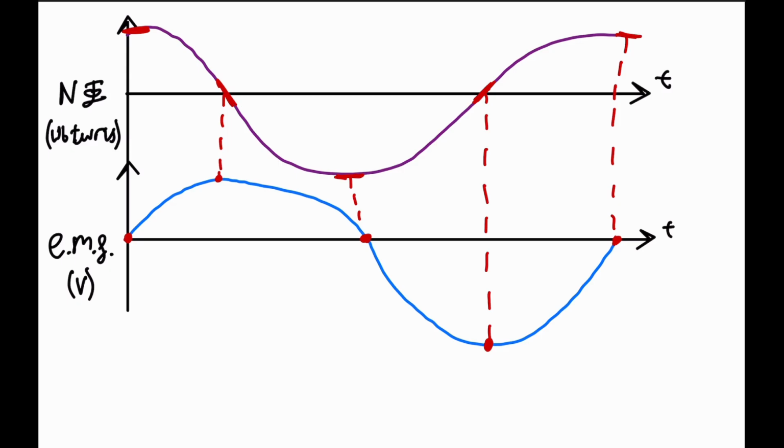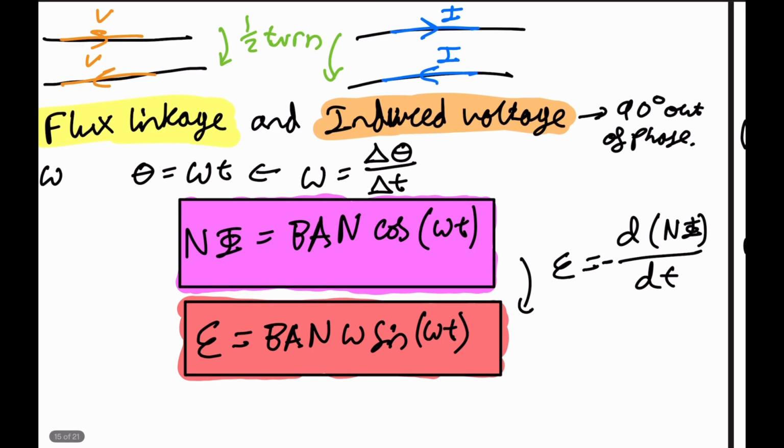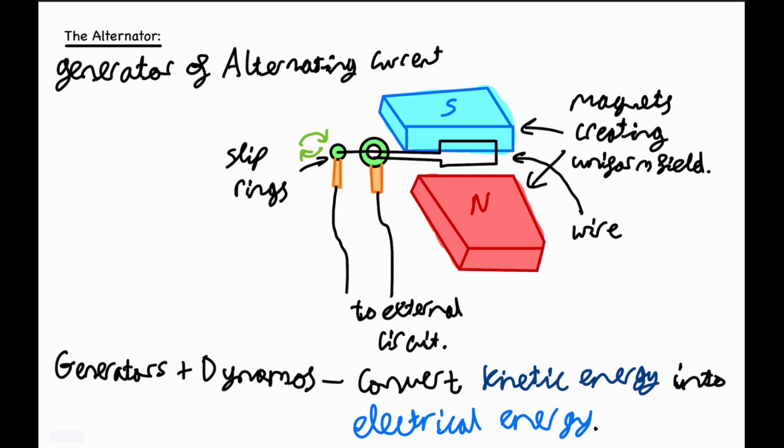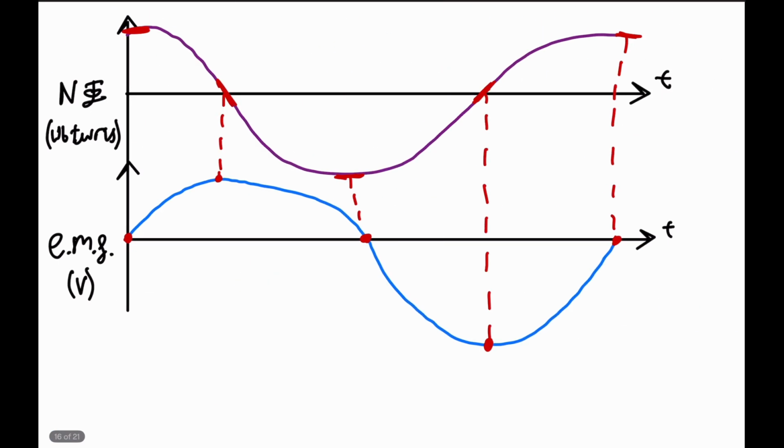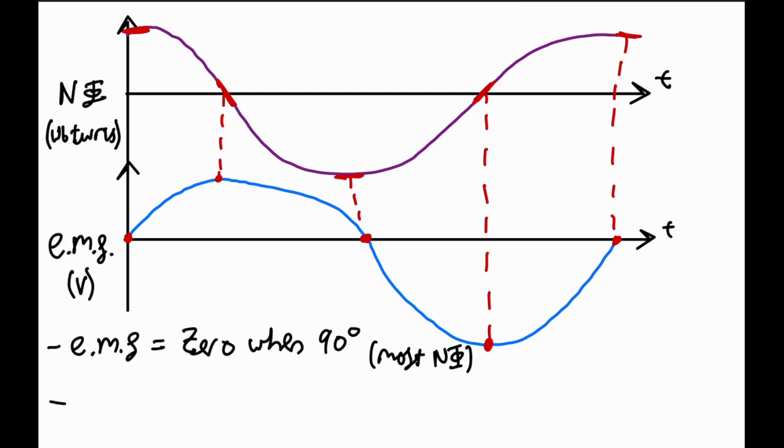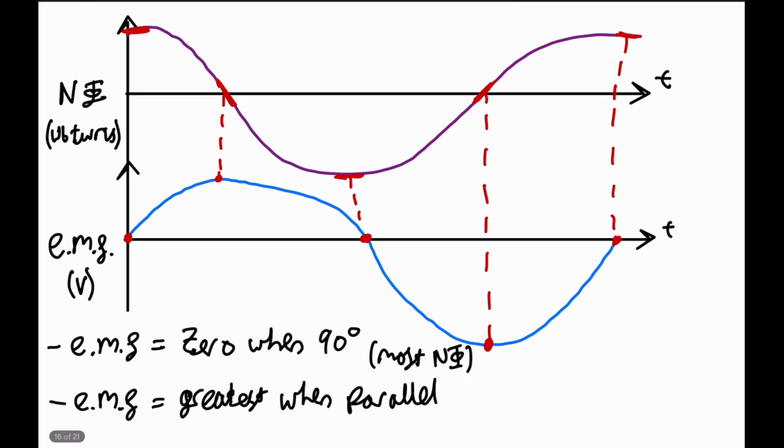So how does this relate to the real alternator? We know that the EMF is 0 when the coil is perpendicular to the magnet, because there's the most flux linkage. When there's the most flux linkage, it relates to 0 EMF. And the EMF is the greatest when the coil is parallel to the magnetic field, because there's the least flux linkage.